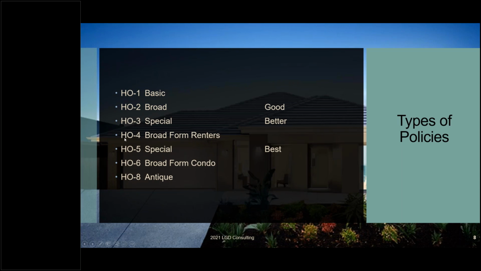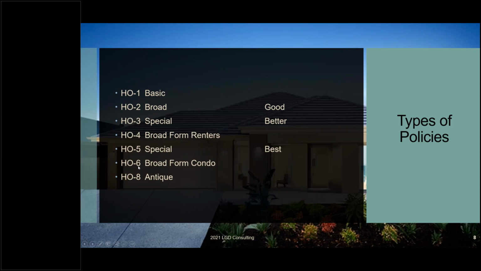It's the broad form, renters. With this HO4, there's no coverage for the structure, so you can't cover a building you don't own. For the HO4, it's basically a personal property policy for the tenant that's renting your place. We'll get into that.